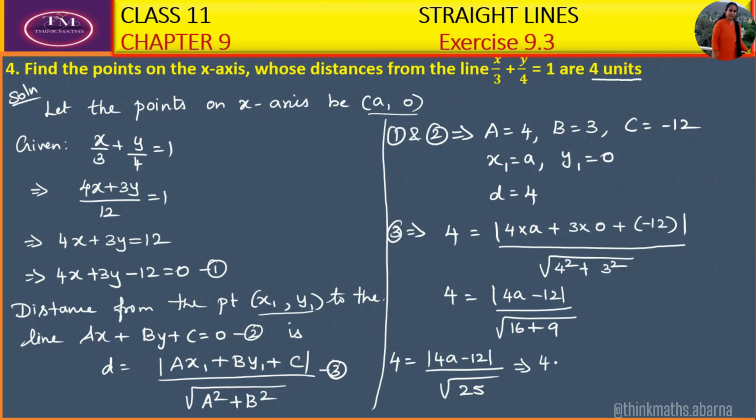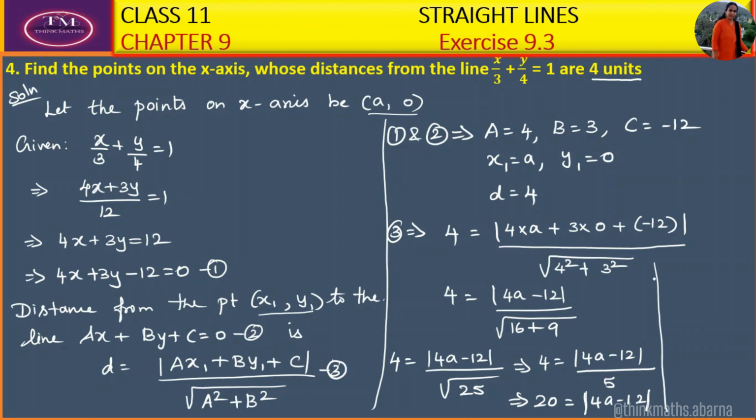So 4 is equal to modulus of 4a minus 12 divided by square root of 25 is 5. Now if we cross multiply, we will get 4 into 5, it is 20. 20 equal to modulus of 4a minus 12. That means as it has modulus sign, this value can be positive as well as negative.